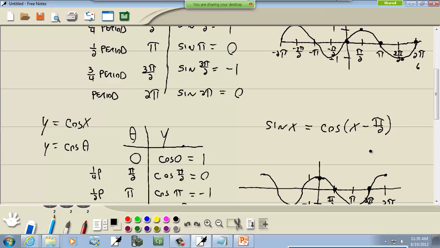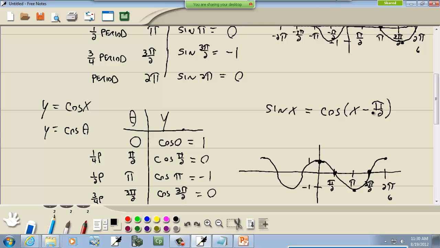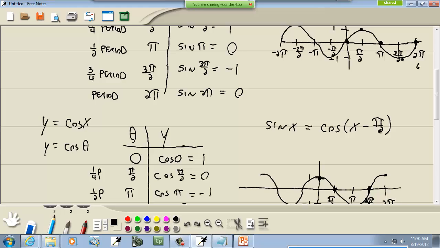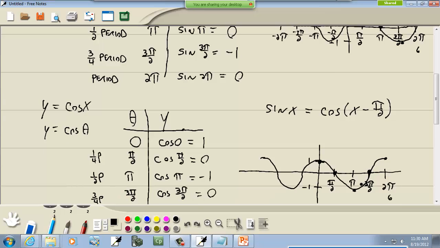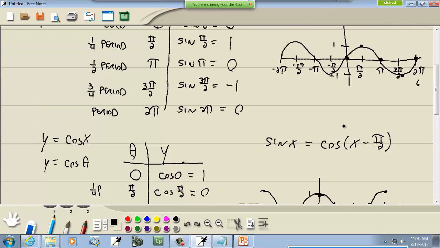Now, if you remember from college algebra, if we got a number inside with the x, it shifts. And it shifts opposite what you think. The negative pi over 2 would make you think it shifts left pi over 2, but actually it's going right pi over 2. Well, if I come down here and took this graph, and I shifted the entire thing pi over 2, this distance right here is pi over 2, I would actually get this graph here. So that kind of gives you the relationship between them.